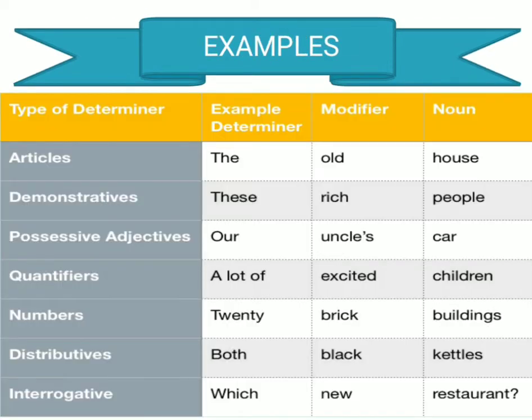Once again, for your convenience, I have given a table of examples. As you can see, it is divided into 3 different forms, and the types are also given here. The types, their example, determiner, modifier and noun complete a sentence. Go with the table, and keep them in your registers as well.